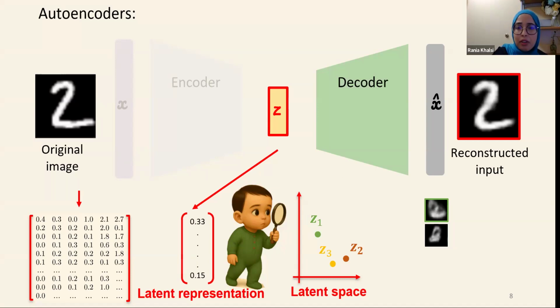Still, we can try more. With Z3 here, we have a different latent representation, a different vector, and again, we obtain an even worse reconstruction.